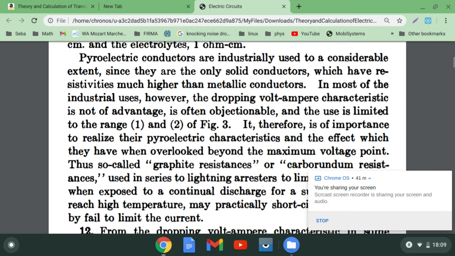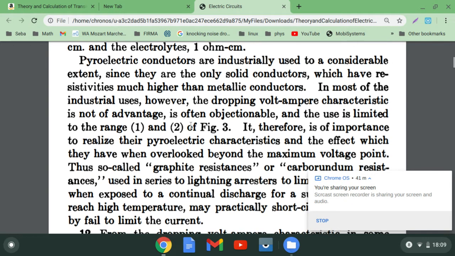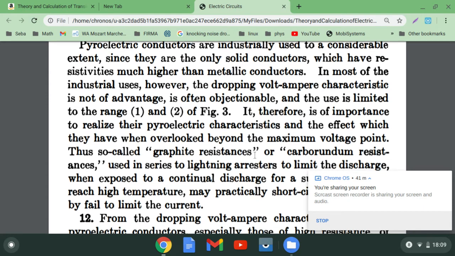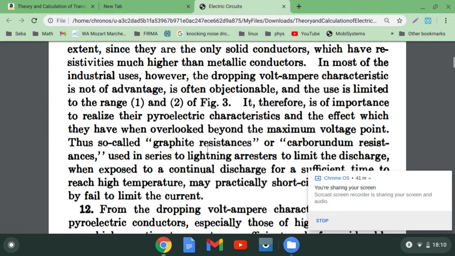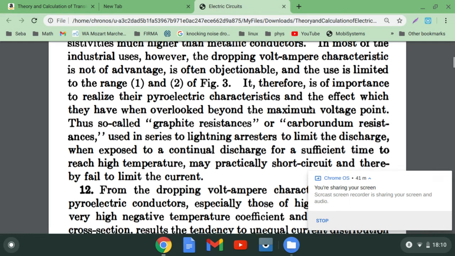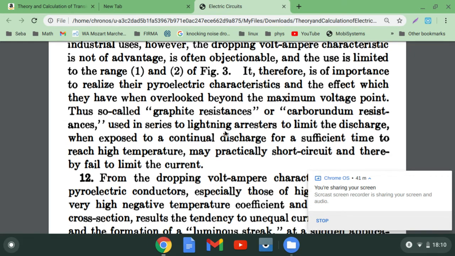Pyroelectrolytic conductors are industrially used to a considerable extent, since they are the only solid conductors which have resistivities much higher than metallic conductors. In most of the industrial uses, however, the dropping volt ampere characteristic is not of an advantage. It's often objectionable, and the use is limited to the range 1 and 2 of figure 3.